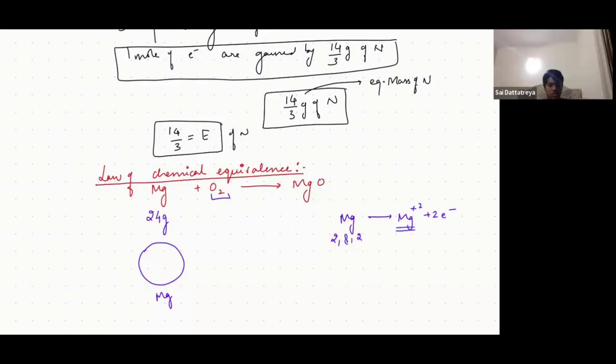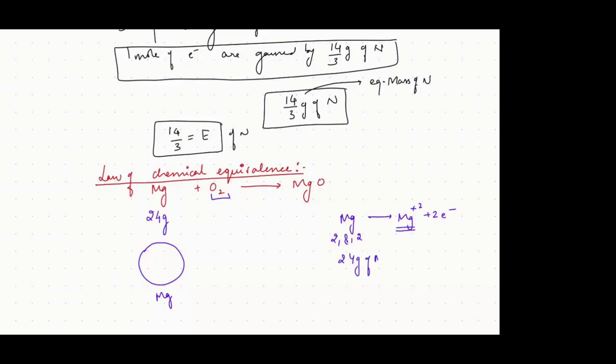Am I right? So I would say that 24 grams of magnesium, basically 2 moles of electrons are lost by 24 grams of magnesium. So 1 mole of electrons is lost by 12 grams of magnesium, because 24 by 2.